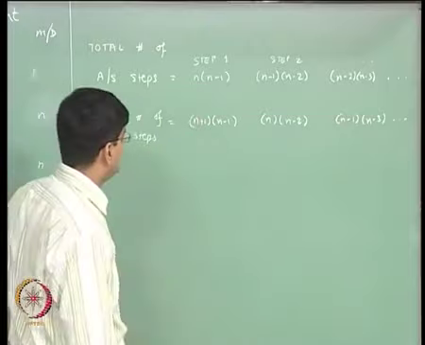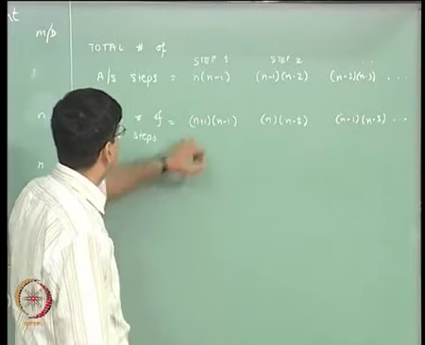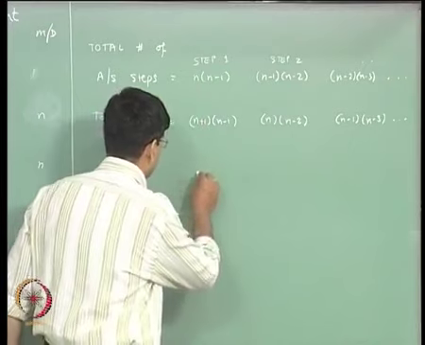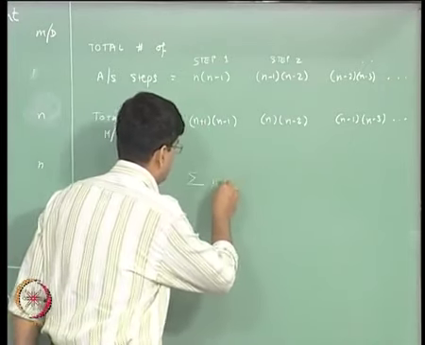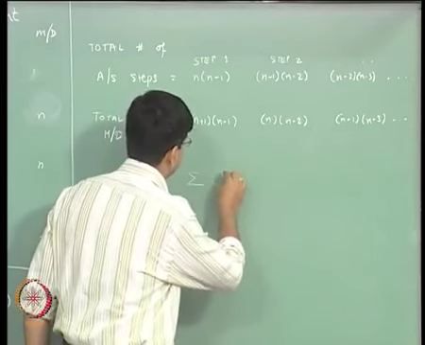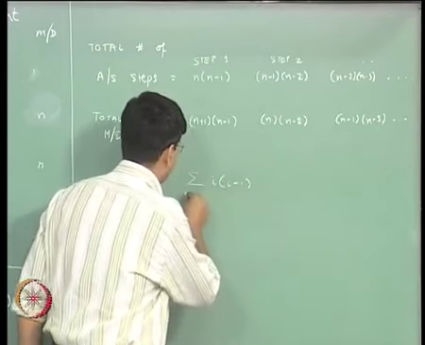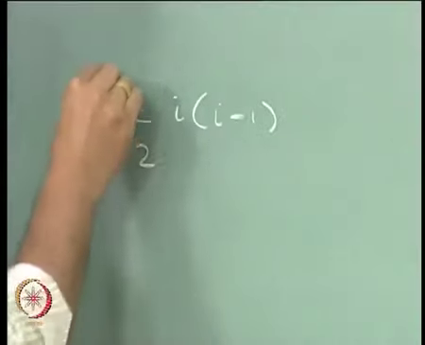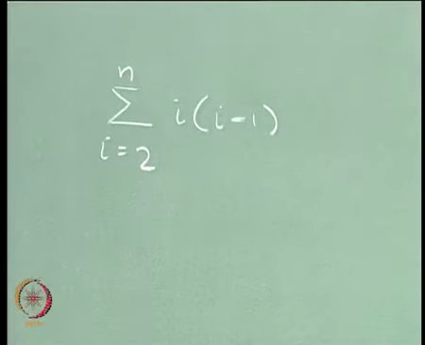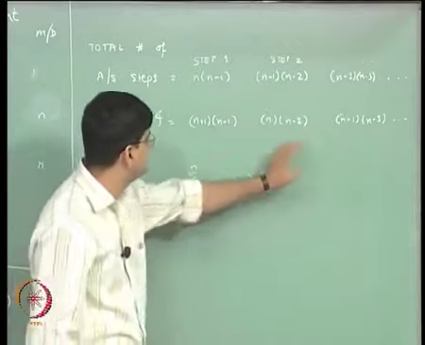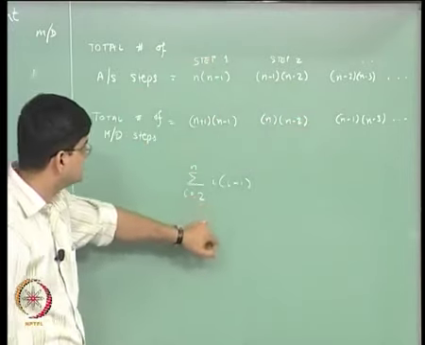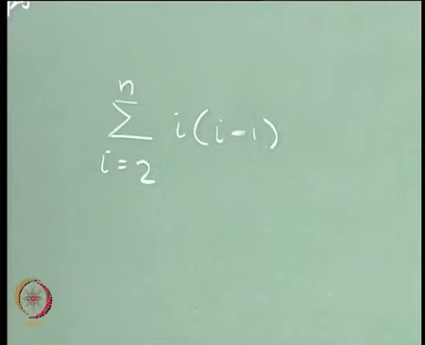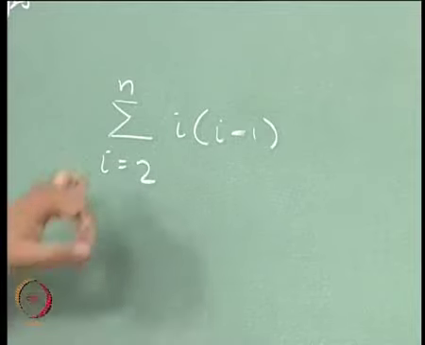In other words, the total number of addition subtraction steps is the summation of I multiplied by I minus 1, where I goes from 2 to n, because the total number of steps is n minus 1.